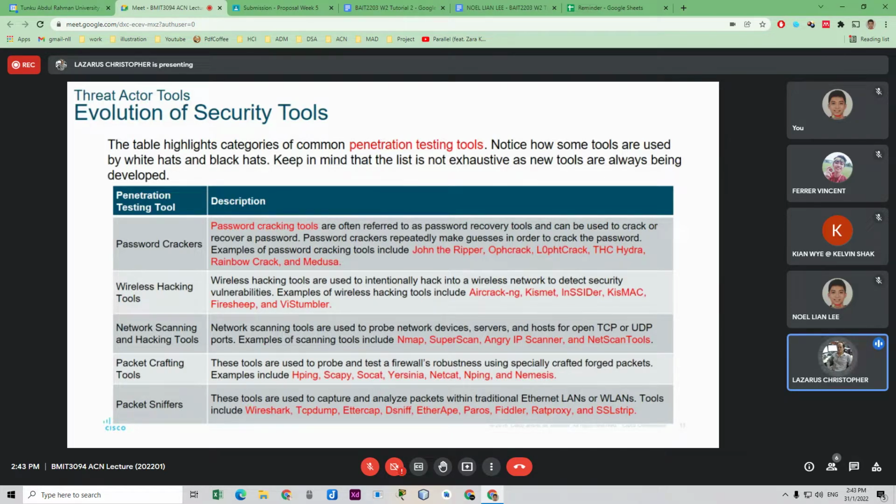So you can see that the tool we use in FCN before, Wireshark, is there, but we have others: tcpdump, Ettercap, dsniff, EtherApe, Paros, Fiddler. Fiddler is actually not a hacking tool, just like Wireshark. It's actually a good utility, but it can be misused.